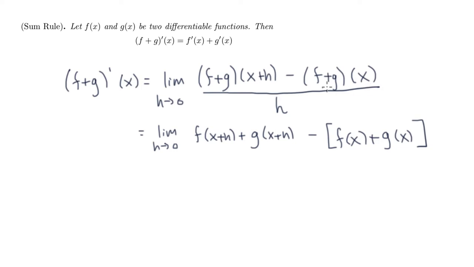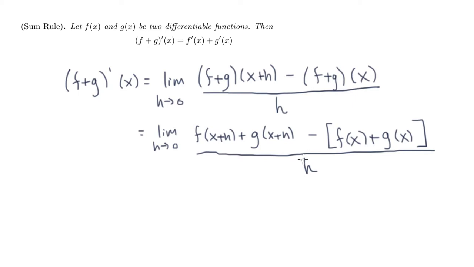It's just f of x plus g of x, but I'm subtracting both of those quantities. And then, of course, we're all divided by h. Now I'm trying to show that this is equal to f prime of x plus g prime of x. But really, all the pieces are in place.